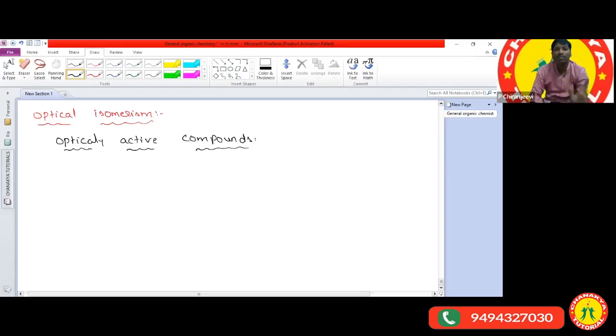So first of all, what is meant by optical activity? We call a compound optically active when it contains a chiral carbon or asymmetric carbon. The compounds which contain chiral carbon or asymmetric carbons are called optically active compounds. What definition can we write for optically active compounds?